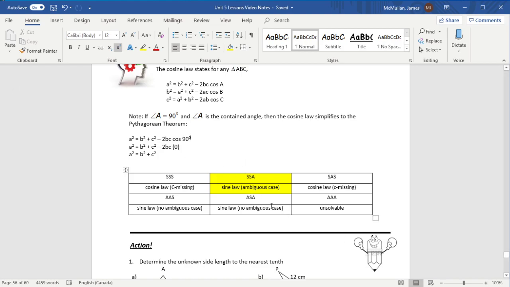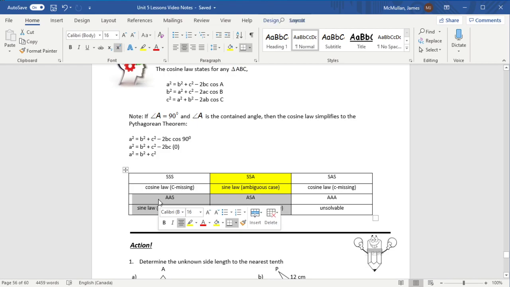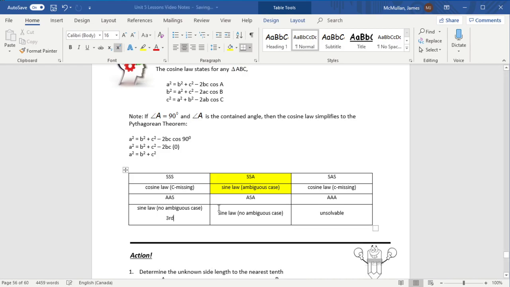The reason it doesn't come up in these two, so these two are also sine law questions, right? Except think about how you would get the third angle in either one of these pictures. In both of these cases, the third angle equals 180 minus the two angles you know.